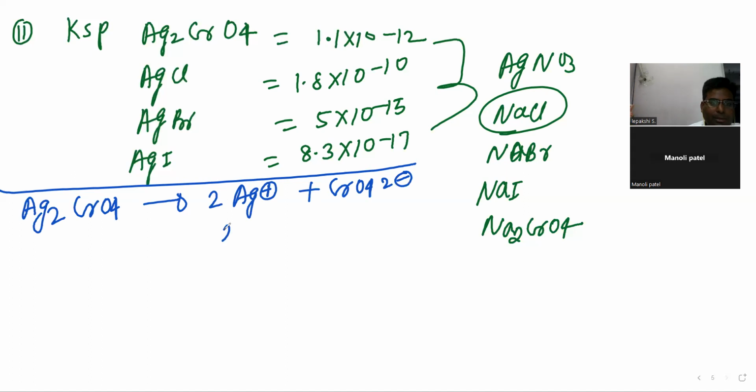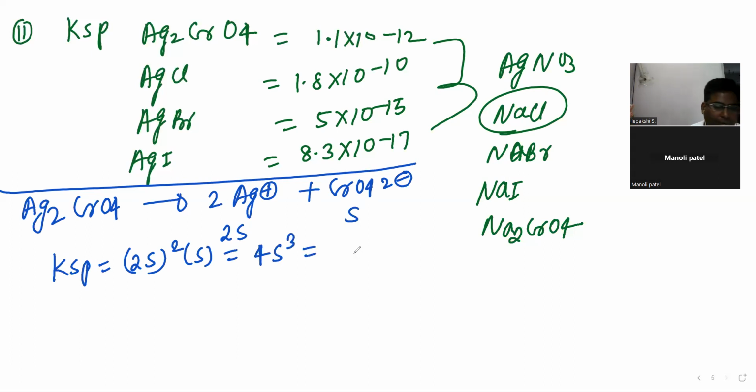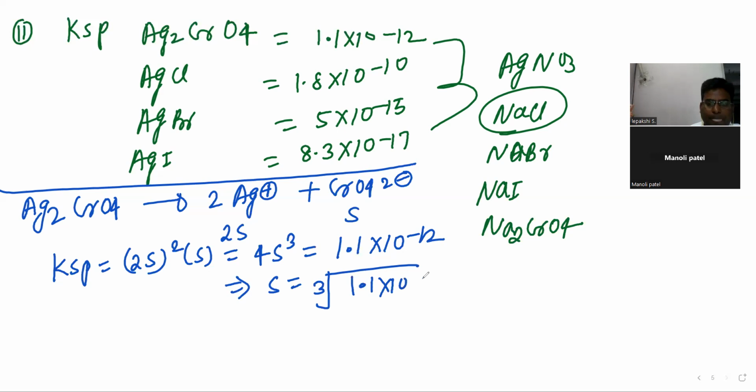Its solubility is 2S and S, so the solubility product is (2S)^2 × S = 4S^3, which equals 1.1 × 10^-12. So S is the cube root of 1.1 × 10^-12 divided by 4.